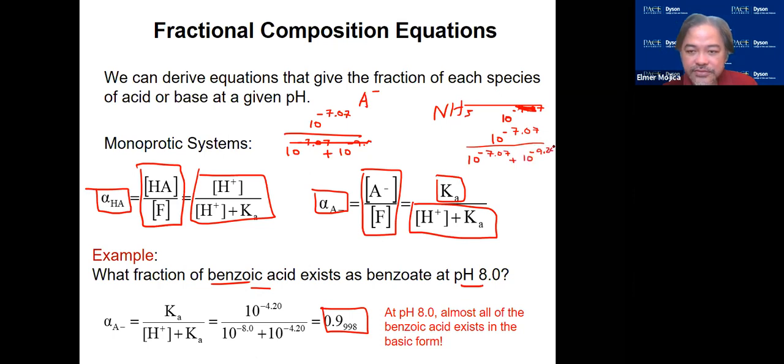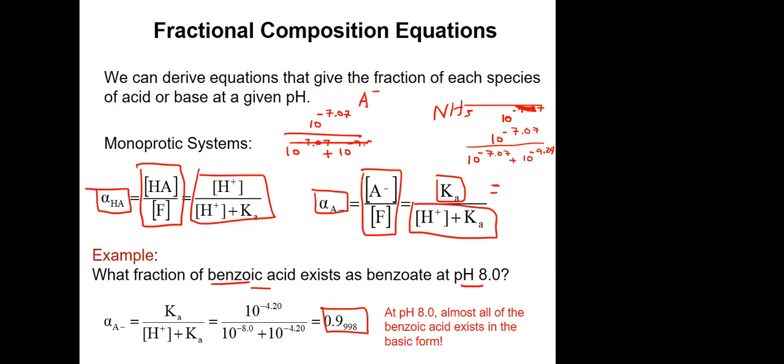So what do you get? 0.993. So what does it mean?